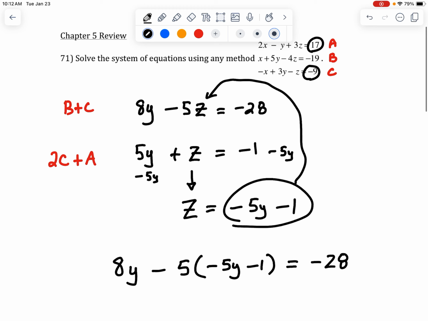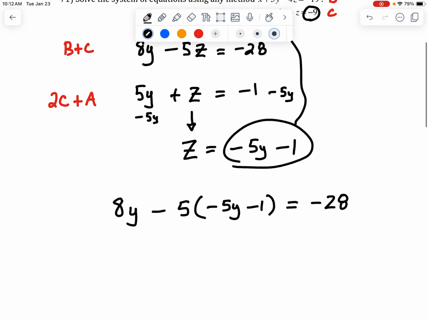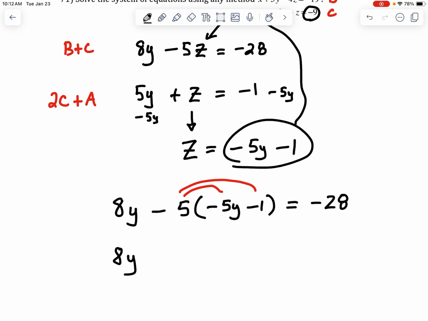And just like that, we've almost found out what y equals. So I just need to distribute. So we've got 8y, and then negative times negative will be positive 25y. And then negative 5 times negative 1 is positive 5, and that still equals negative 28.